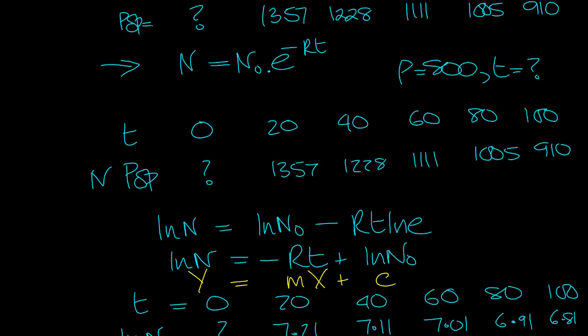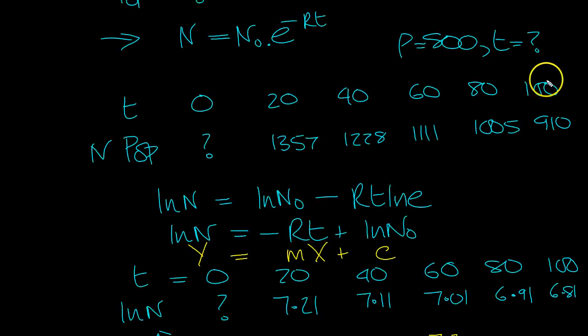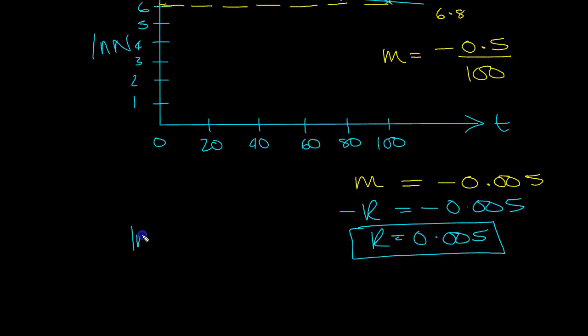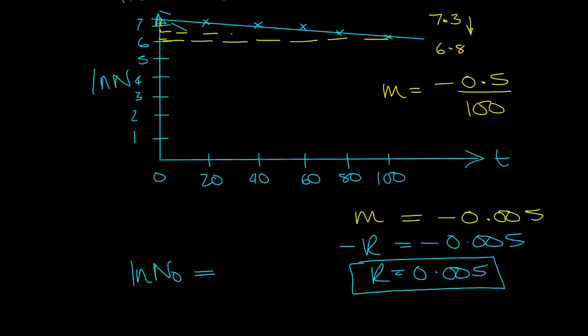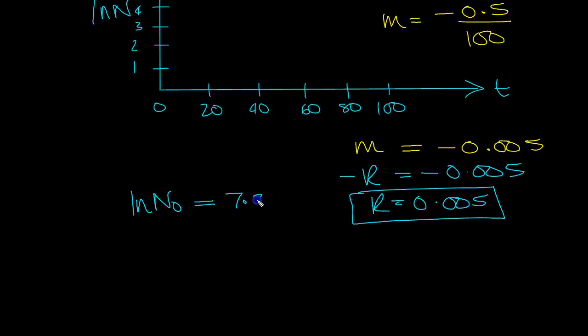Now, the other thing we need is ln n naught, which is the intercept. ln n naught is equal to, and I reckon it's 7.3 it started at, 7.3.